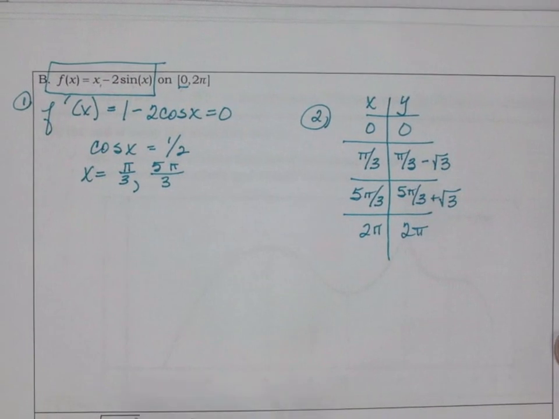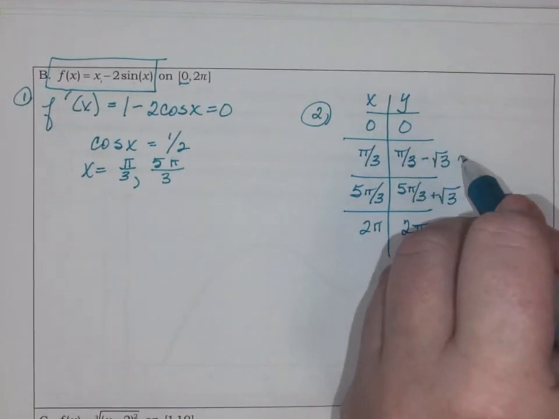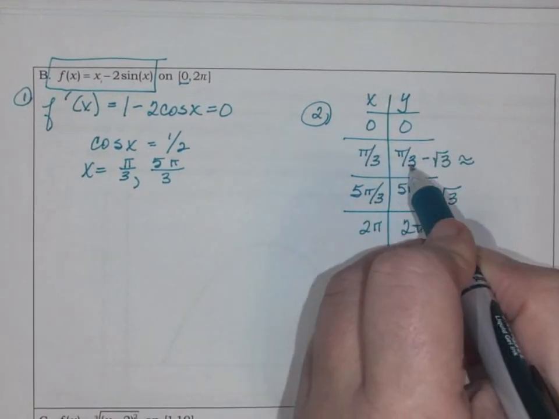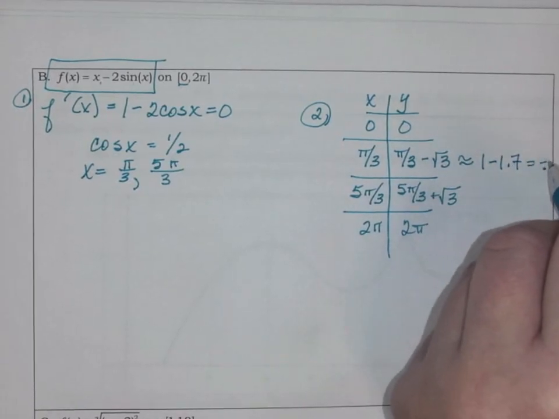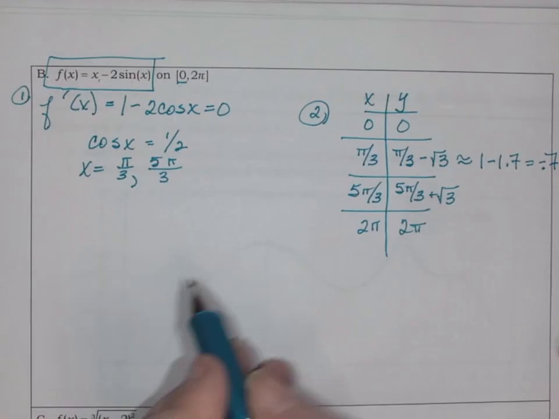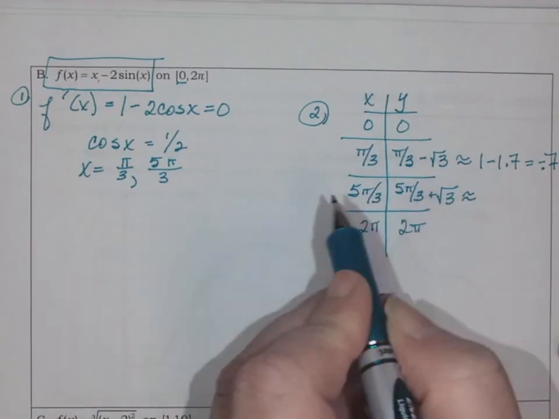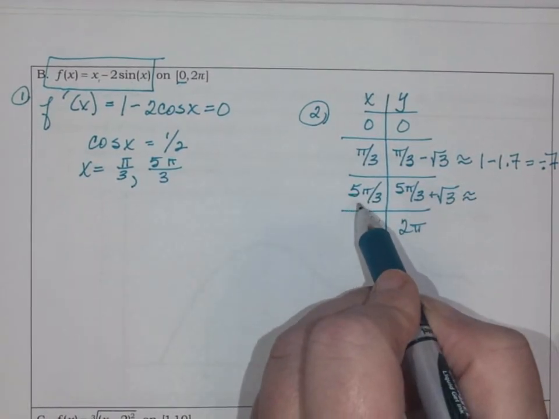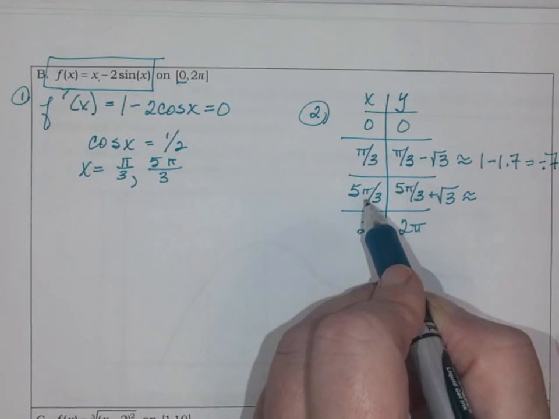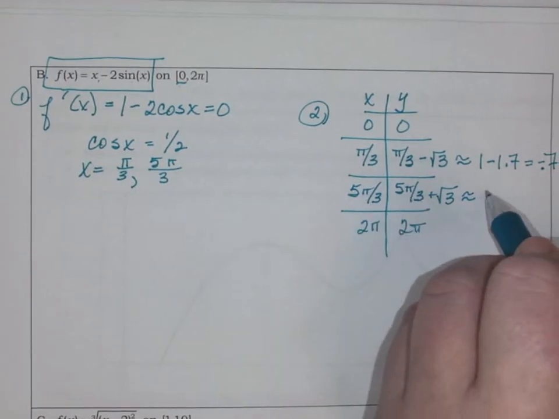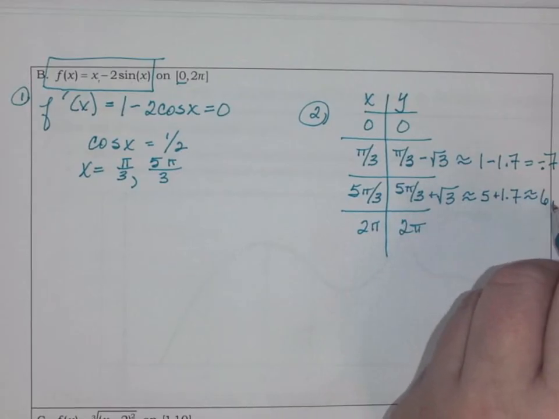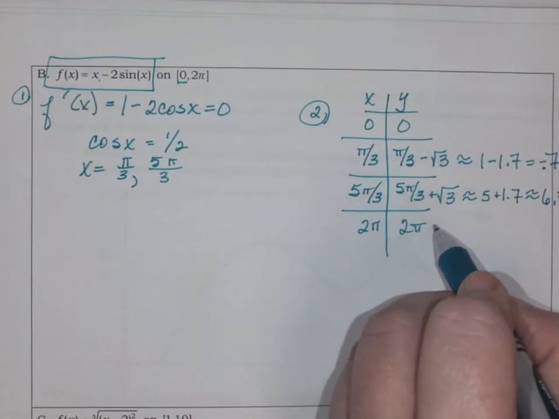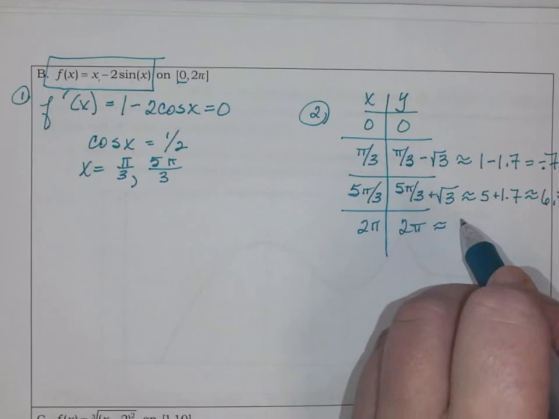Okay, so pi over 3 is about, well, 3 divided by 3, so it's about 1 minus 1.7, which is a negative 0.7. 5 pi over 3, let's see, 5 times 3 is 15, so that's about 5 plus 1.7, so that's about 6.7. And 2 pi is about 6.